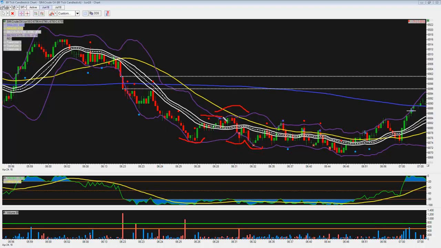But the first time it sets up a 1, 2, 3 is right here, a perceived 1, 2, 3. And what I would tell you is this would be the only time that you would want to be long above and short below after it establishes itself.